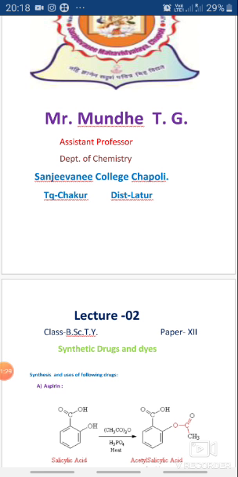Then we had seen the classification of drugs based on its characteristics and work, and these are functional drugs and therapeutic drugs.